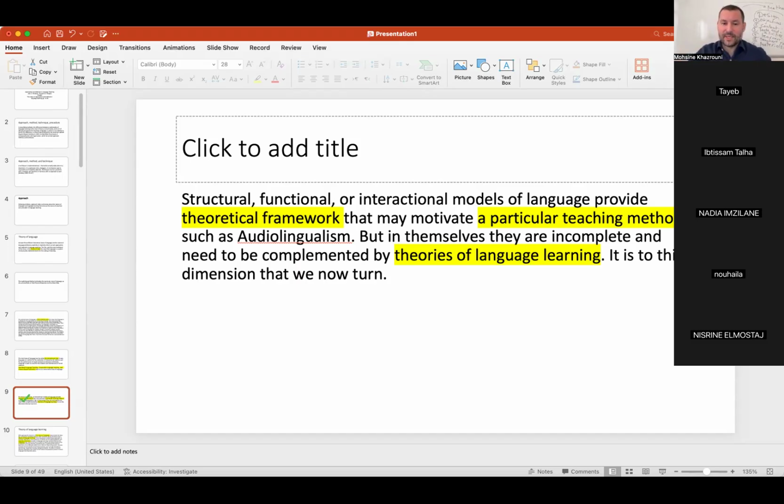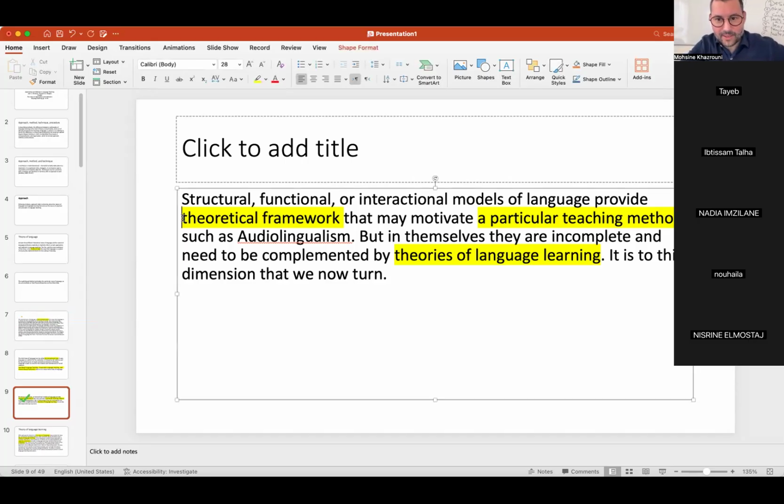Okay, good, Tayyib. Can I ask you a question, please? Yeah, for sure, sir. Here we have theoretical framework. Would you like to elaborate a little bit about this?